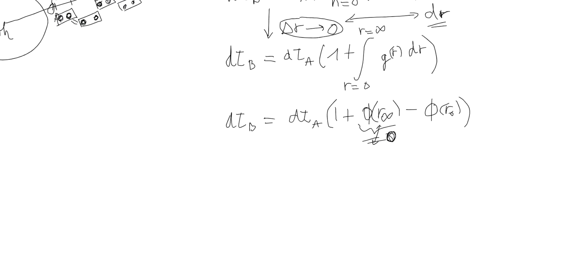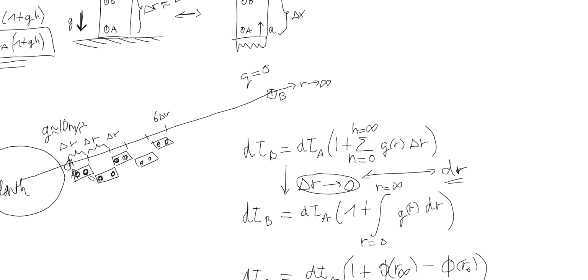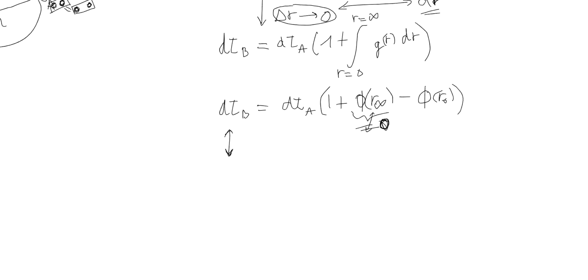Now by convention, B was the clock infinitely far out here. So by convention, we will say that this is sort of universal time, dt. The proper time stays the proper time d tau, and we have 1 minus phi of r, and we are done.